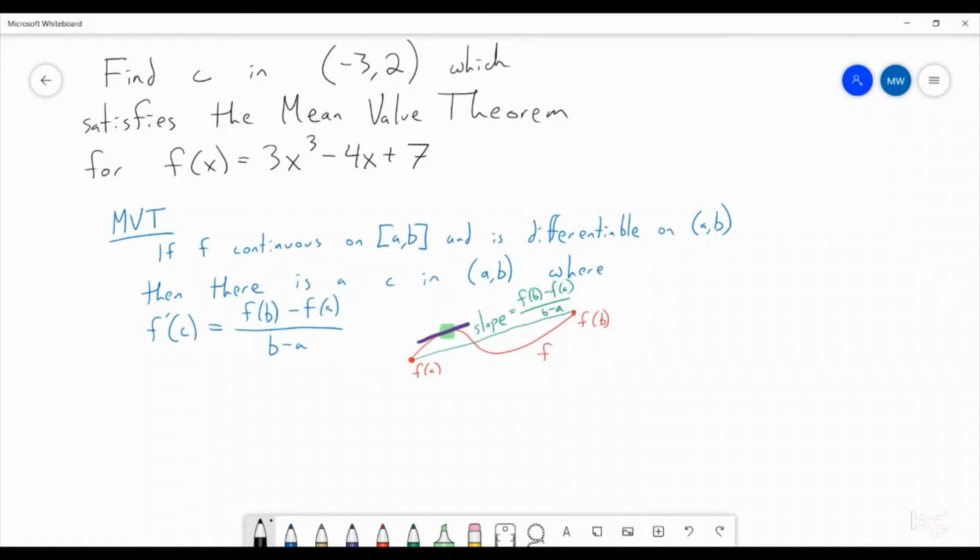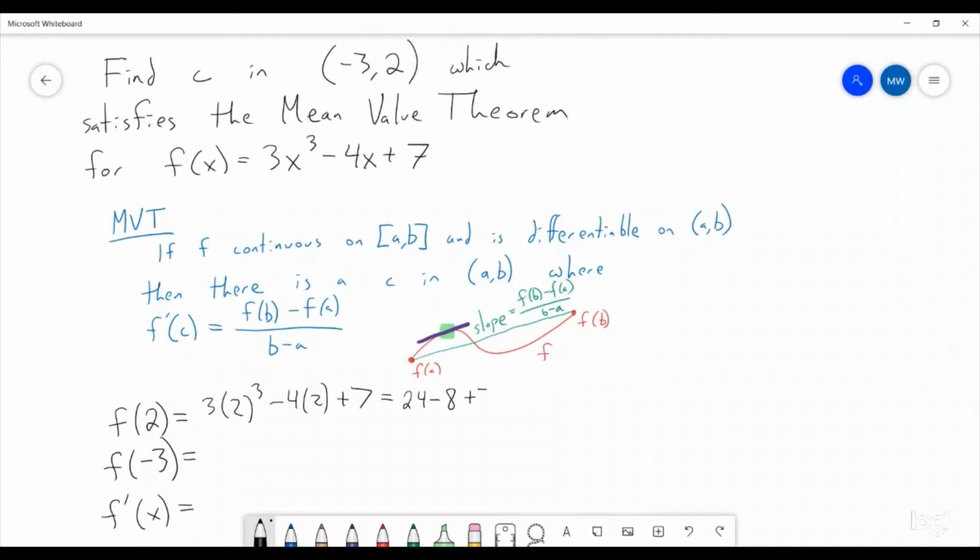In this case, we have f of b, so that's our f of 2. We need our f of minus 3, and we're also going to need our derivative function. Let's start with f of 2. If we plug in 2, this is 3 times 2 cubed minus 4 times 2 plus 7. So that is 3 times 8, which is 24, minus 8 plus 7. That's equal to 23. f of negative 3 is 3 times negative 3 cubed minus 4 times negative 3 plus 7.